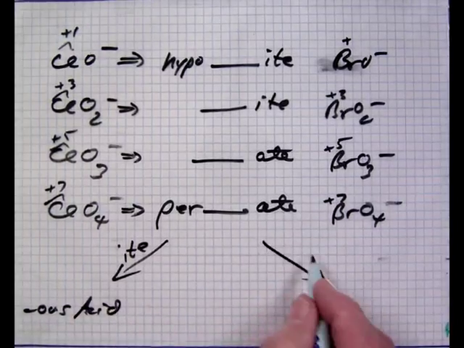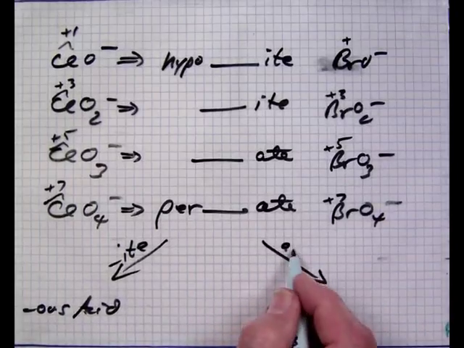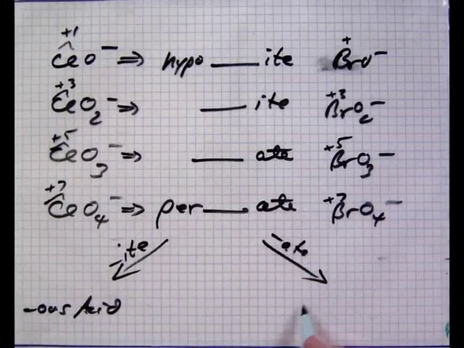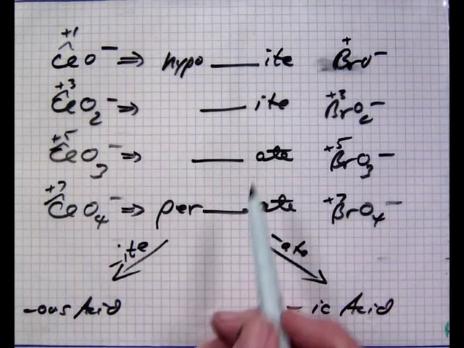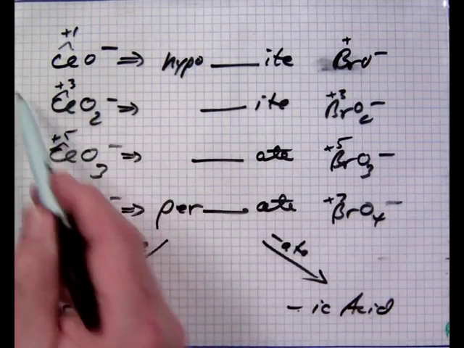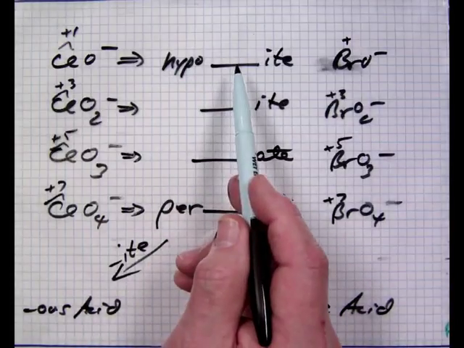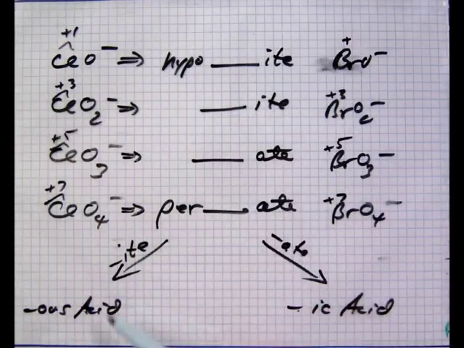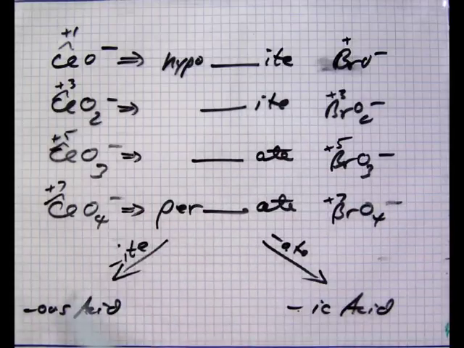An -ate ending would become -ic acid. So if you wanted to name these with the -ite ending, this would be hypochlorous acid. Instead of hypochlorite, it'd go to hypochlorous acid. This would be chlorous acid.